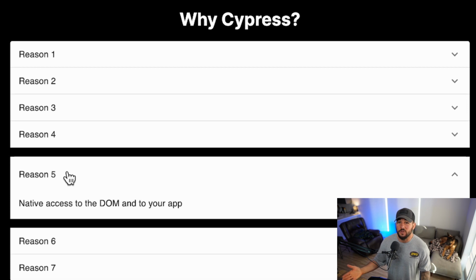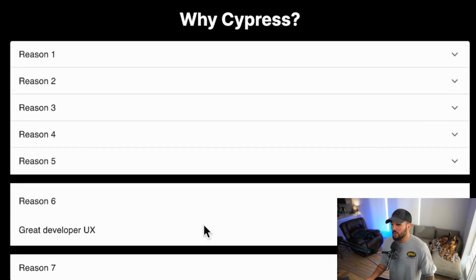That is super helpful. So you don't have to keep going back and forth between your test runner and your actual app to know what you're testing. You have access to it in the test runner, which, if that doesn't make sense, it'll make sense here in just a little bit.